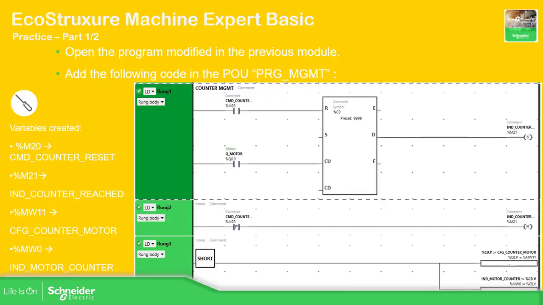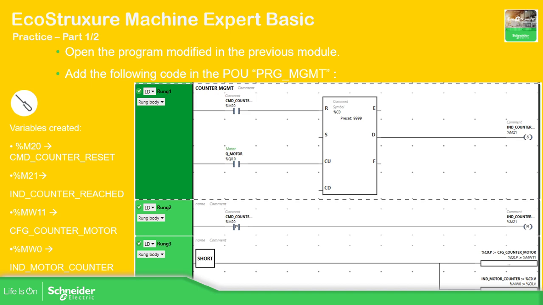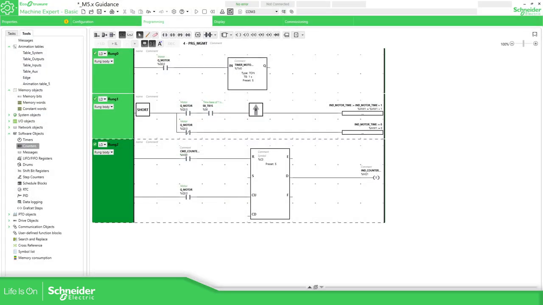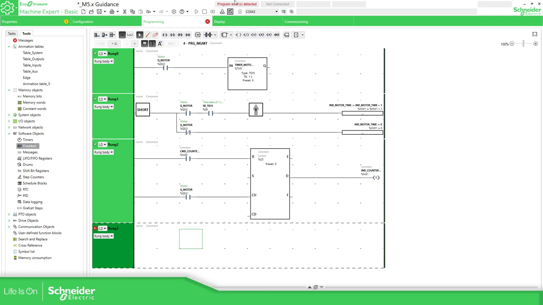Let's continue with this. So now what we need to do is to take the right streak for this one to reset the counter. There are different ways to do it.